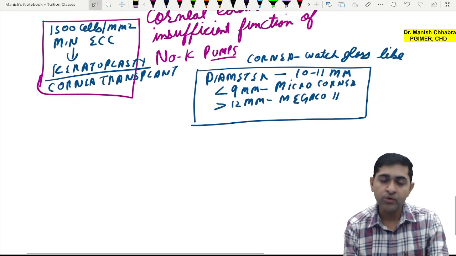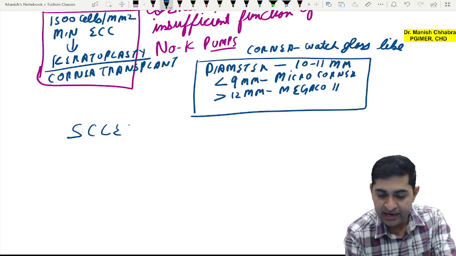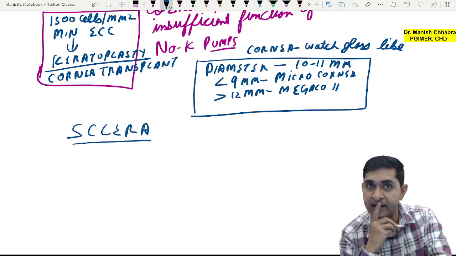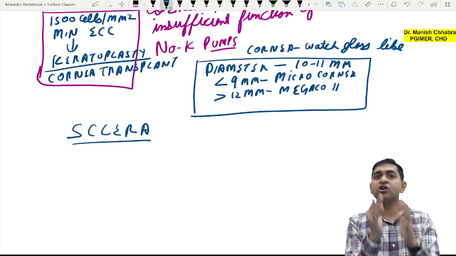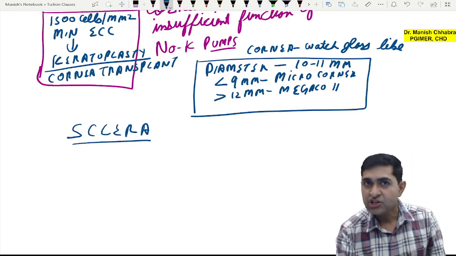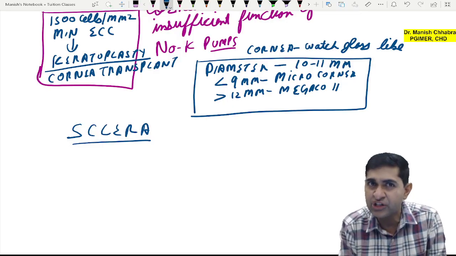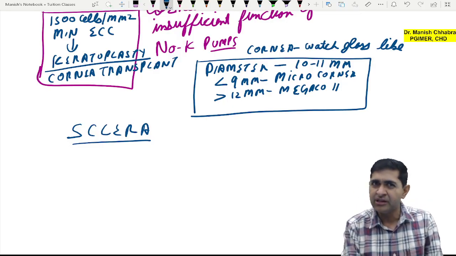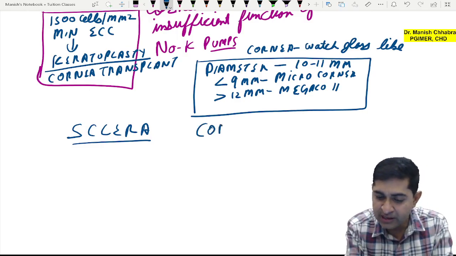Okay, now coming over to the sclera. Let's come down to sclera. Now if I dissect the structure of the eye for you guys, which structure lies most superficial on the eyeball? Can you tell me? Don't get confused. First and foremost is your conjunctiva.